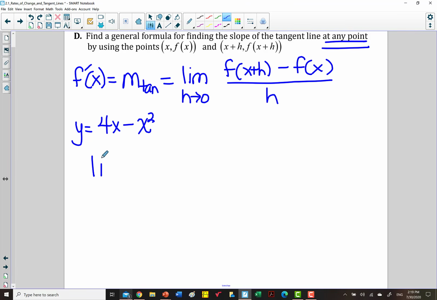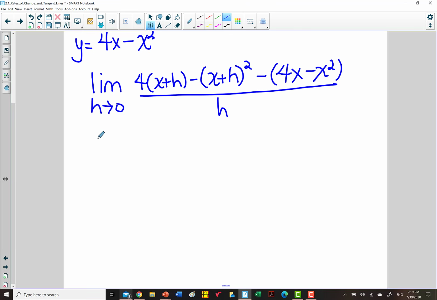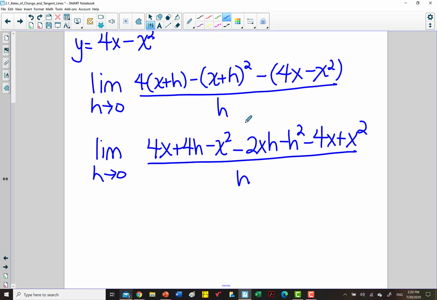So the derivative is the limit as h approaches 0 of 4(x plus h) minus (x plus h) squared minus (4x minus x squared), all divided by h. And that limit is 4x plus 4h minus x squared minus 2xh minus h squared minus 4x plus x squared divided by h.